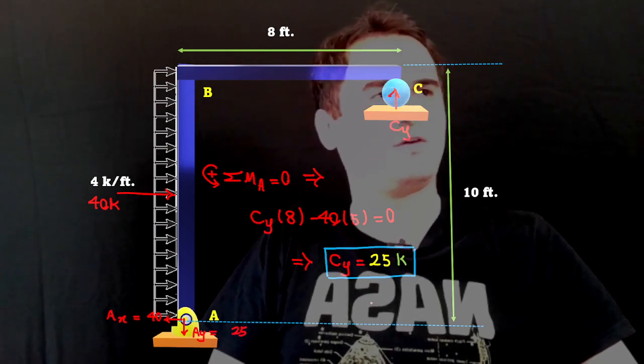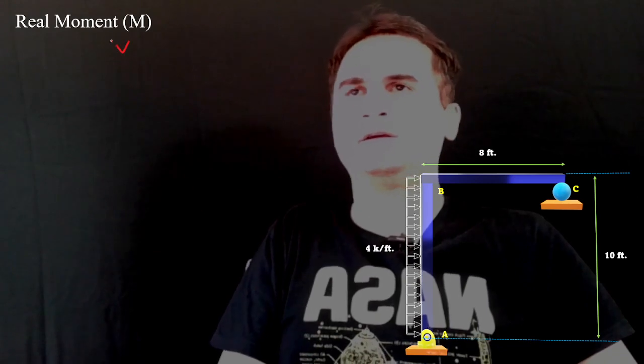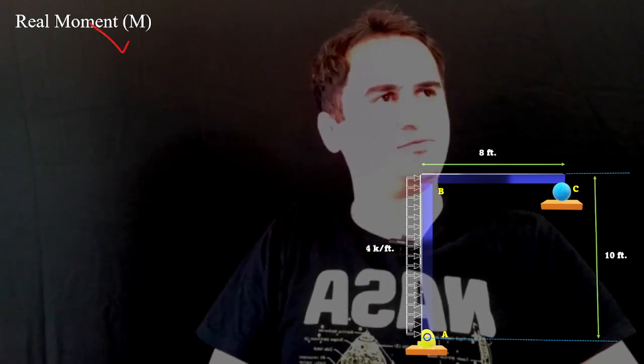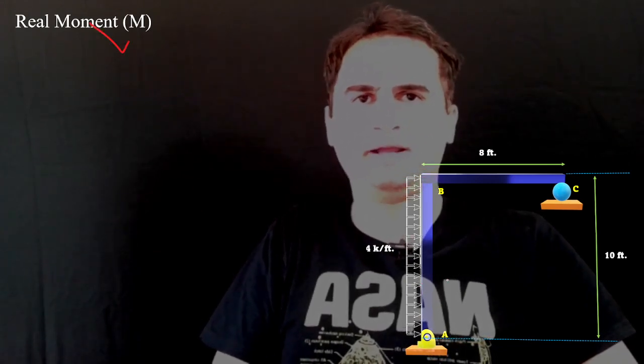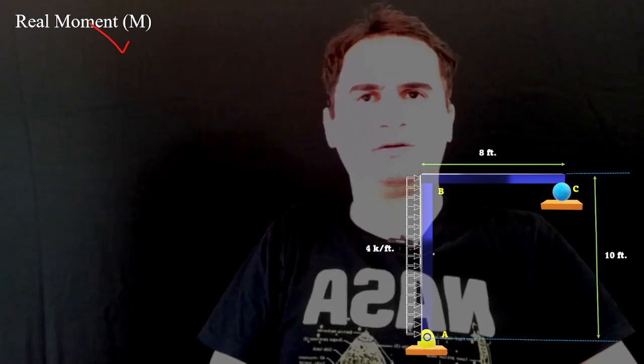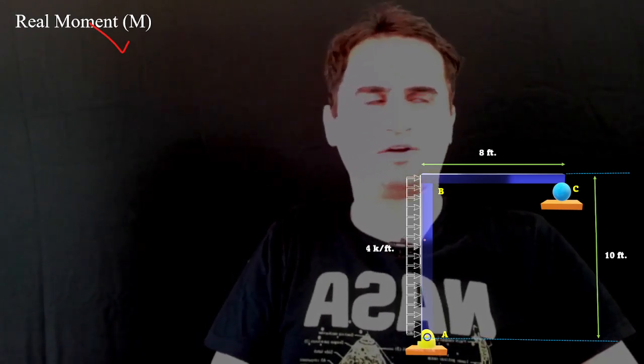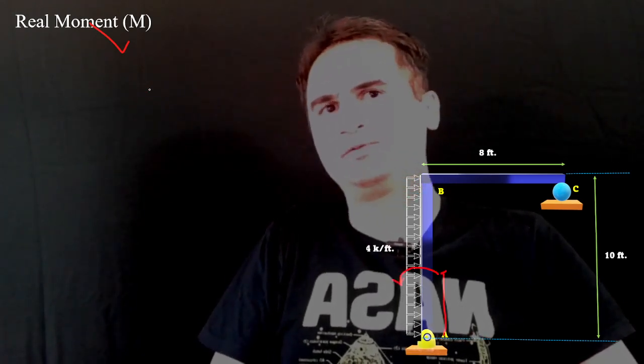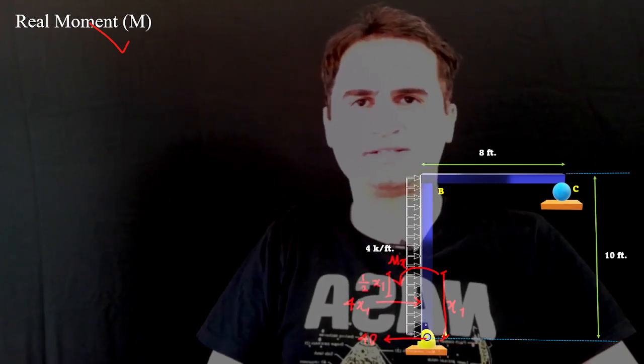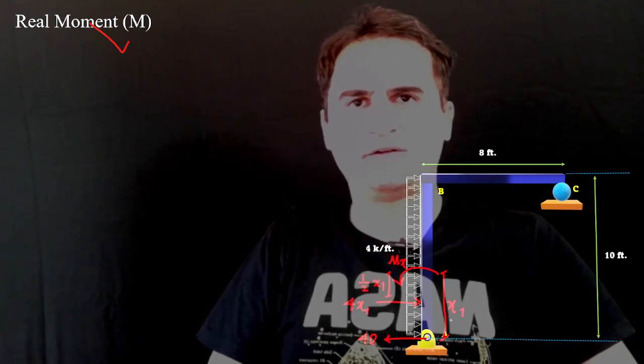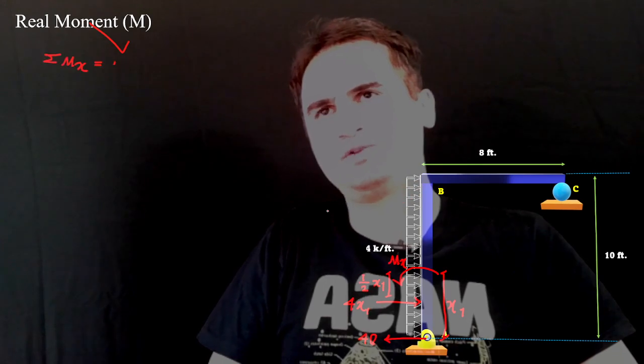As soon as we have all the forces, we can cut a section through part 1 and part 2, the vertical member and the horizontal member, to get the real moment. If we cut the section at a length of x1 and get the moment equation, it gives us M(x1) equal to this equation.